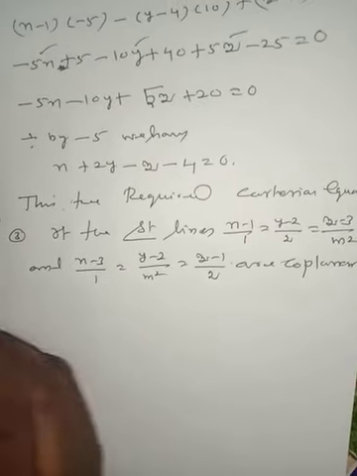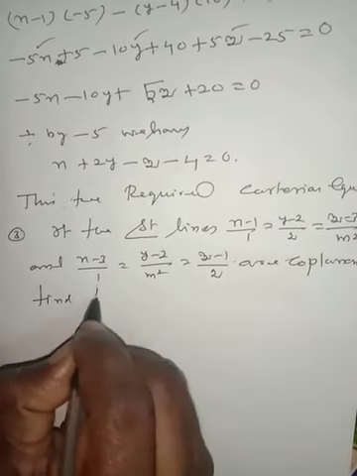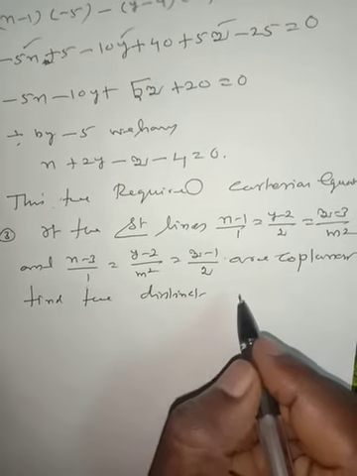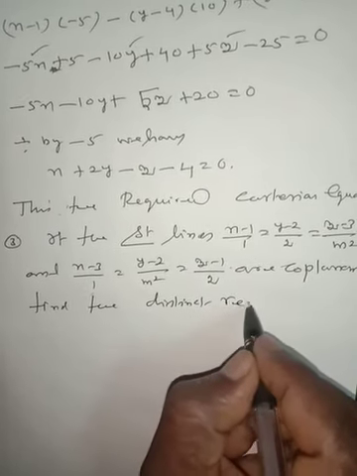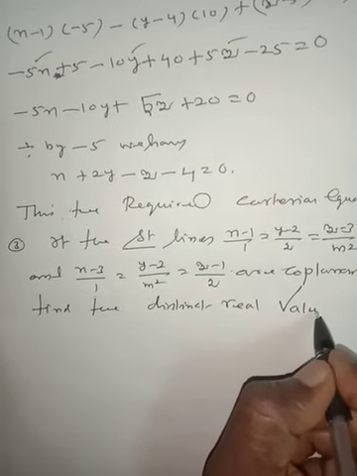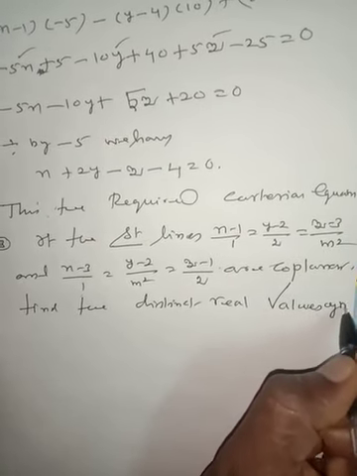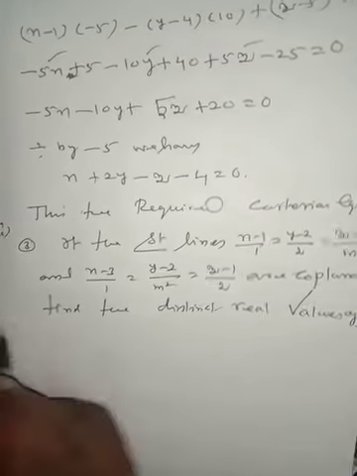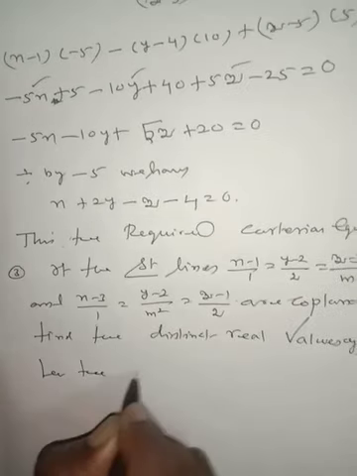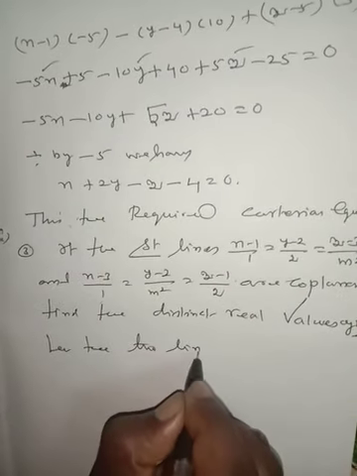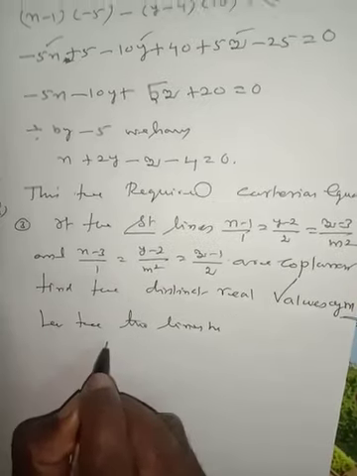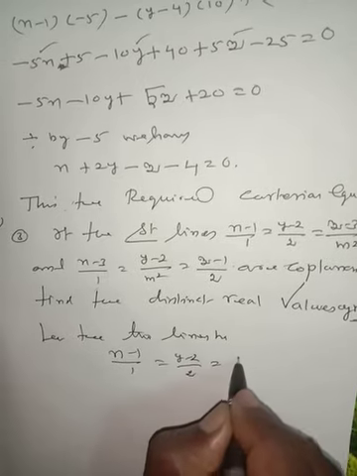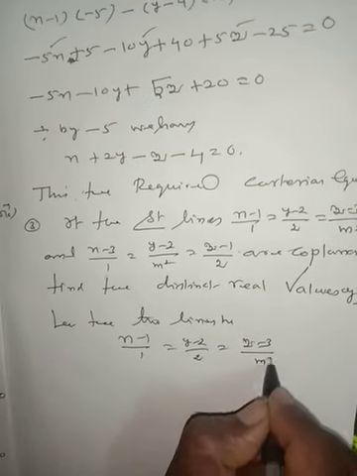Find the distinct real values of m. Let the two lines be: first line, (x minus 1) by 1 equals (y minus 2) divided by 2 equals (z minus 3) divided by m square.